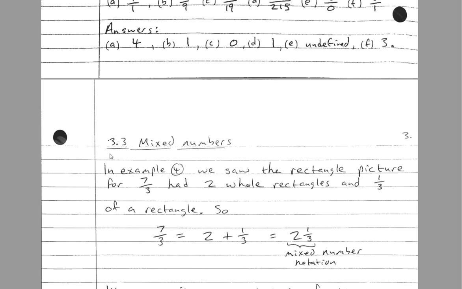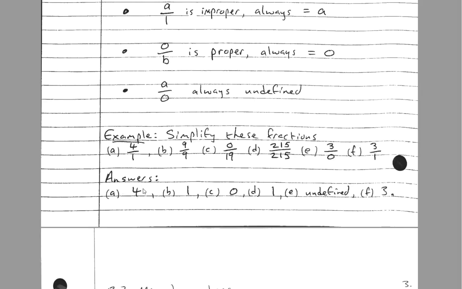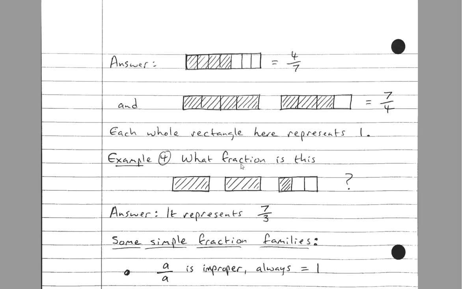Okay, now we can get back to mixed numbers. So we're mixing whole numbers and fractions. What was example 4? This picture represented 7 over 3.